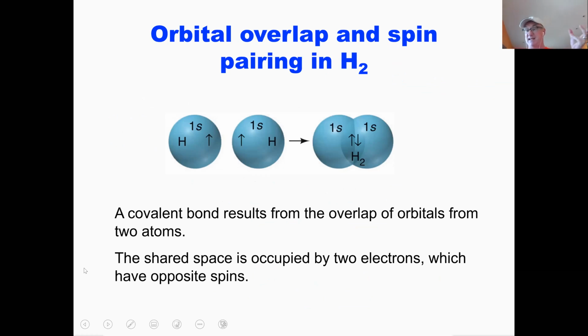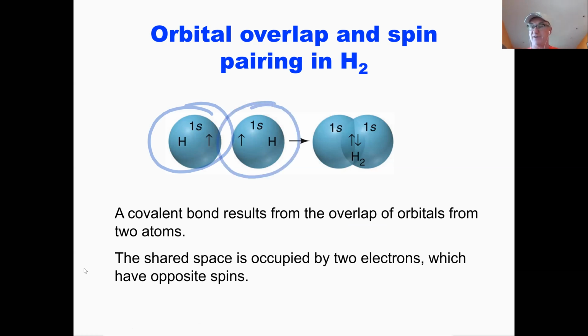So the simplest example is just hydrogen, H2. So remember, one hydrogen has an electron and it's 1s pointing up. The other hydrogen has a single electron and it's 1s pointing up. When they overlap each other, you get this overlap right here. That's where they overlap. And now we have 2 electrons in that overlapping region.